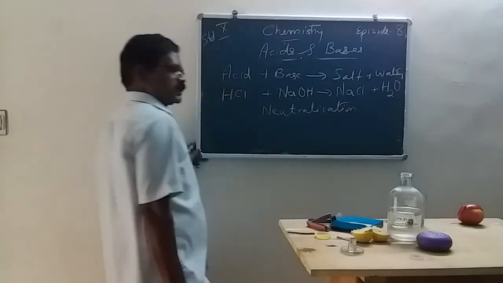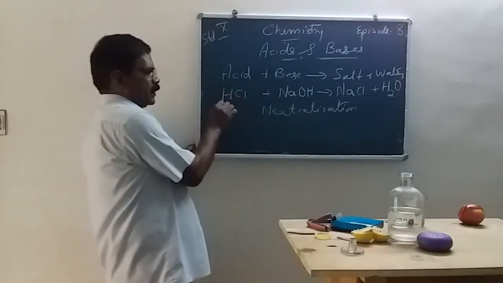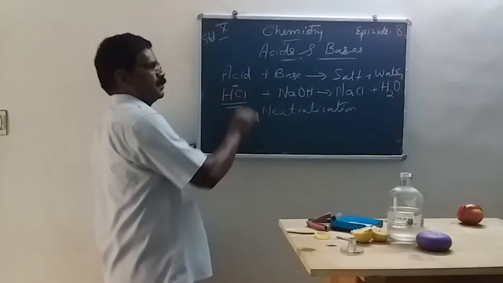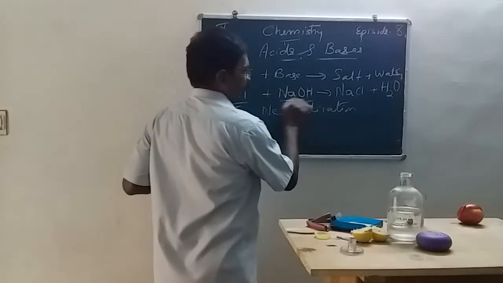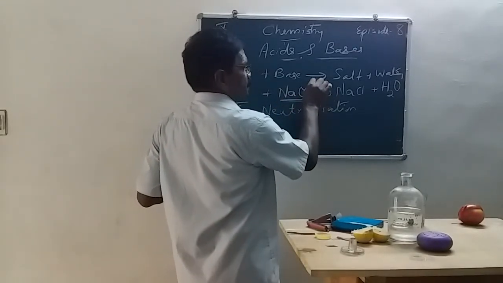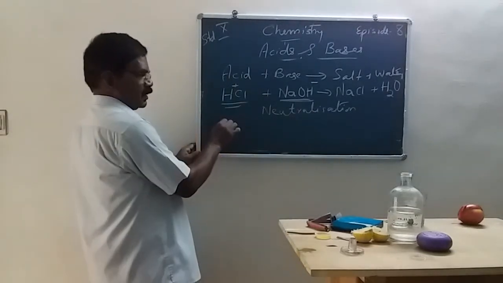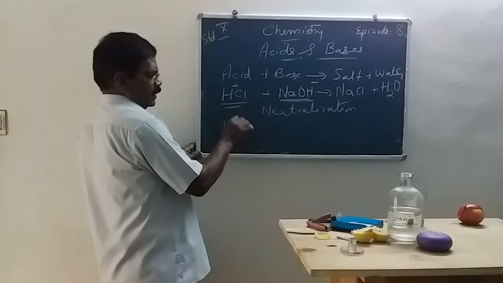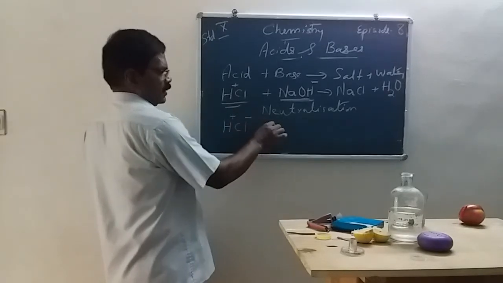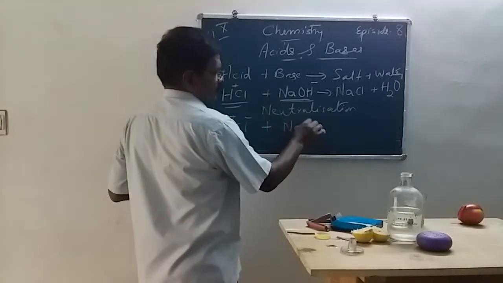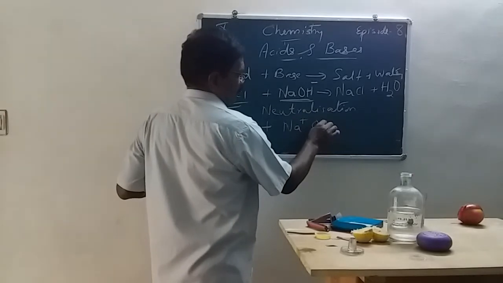Why is it called neutralization? The property of acidity is due to H positive, and the basic nature is due to OH negative. When they react with each other, what happens? HCl can be written as H positive plus Cl negative. NaOH can be written as Na positive plus OH negative.